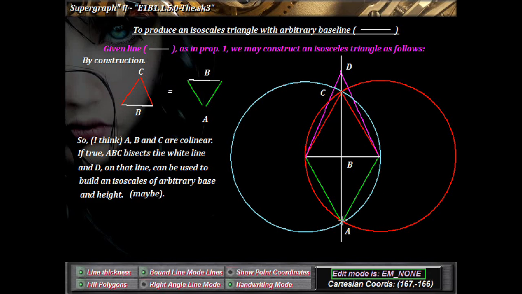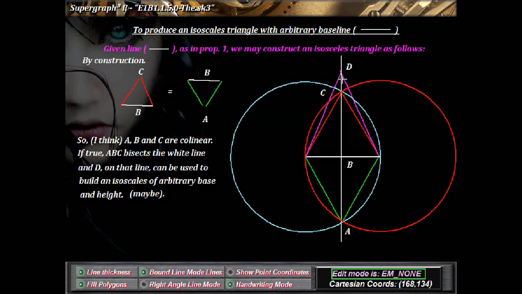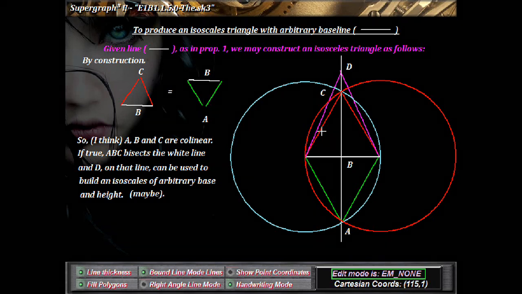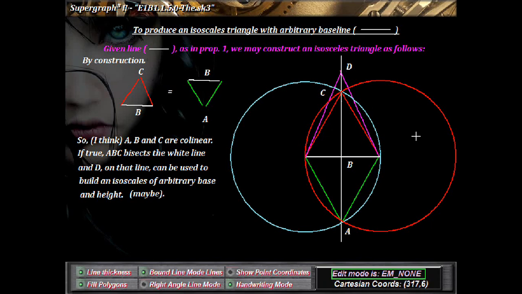And then take these points here and extend the line, since this is clearly a bisector, and then these lengths would be equal, and then you would have an isosceles triangle of any base you want and any height.